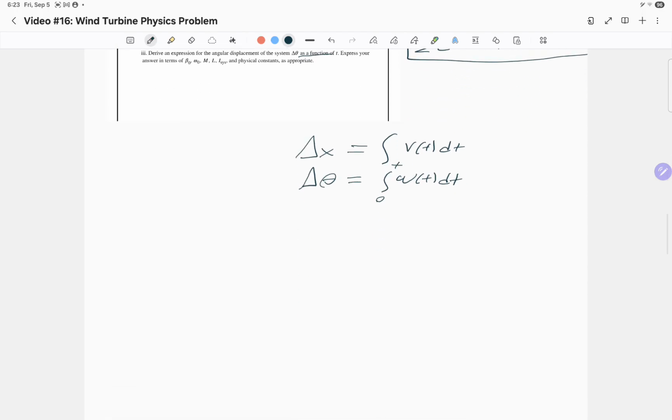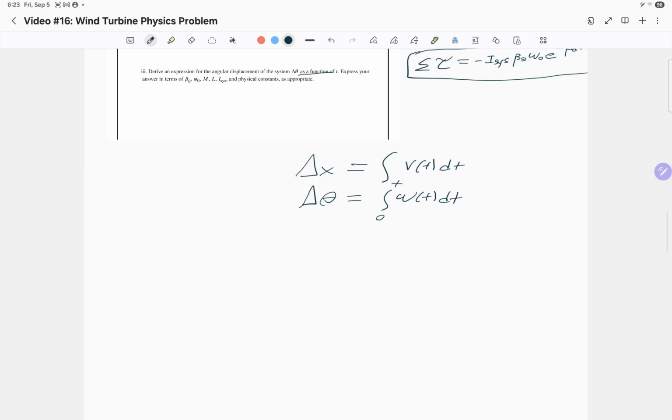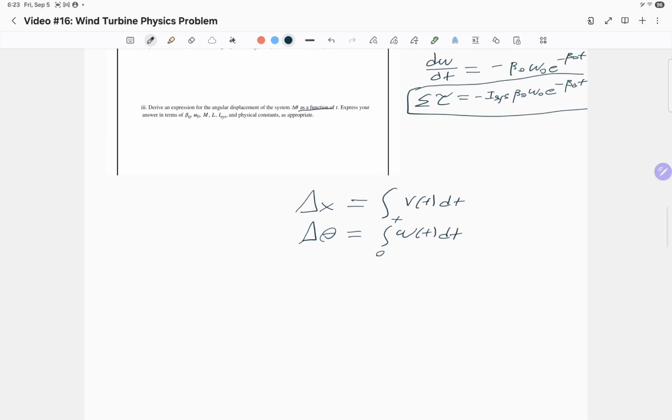Essentially, just don't forget your limits. I'm trying to explain this in a way that makes intuitive sense, but don't sweat it. Your limits when you solve this question are very important. Whereas in some calculus classes, your limits for these types of questions might not be necessary for whatever reason, but I could be wrong on that. Whatever. Let's continue with the question.